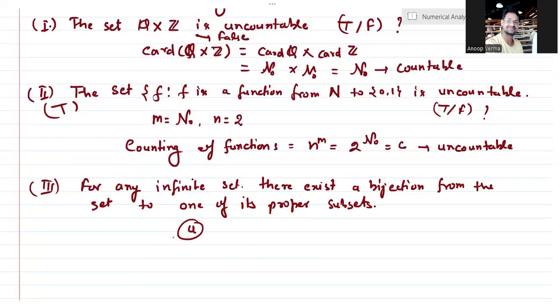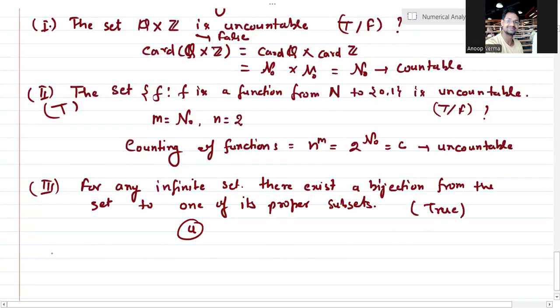It means that for any infinite set, there exists a bijection from the set to its proper subset. There exists at least one proper subset between which we can draw a bijection. So this is a true statement.